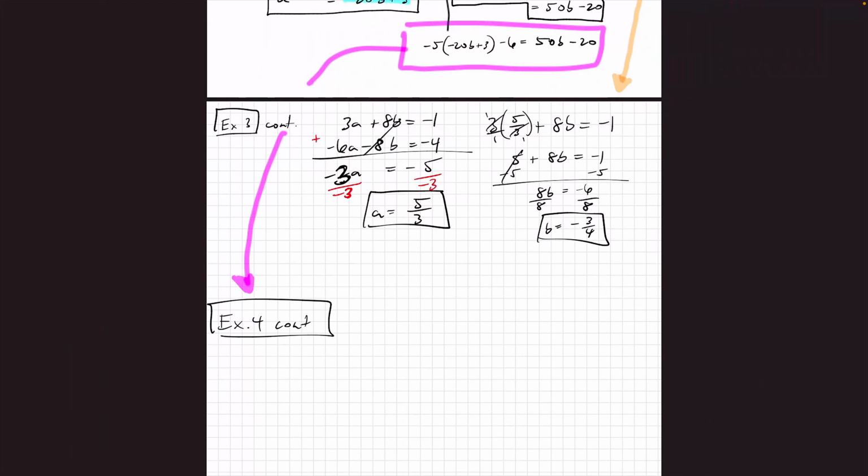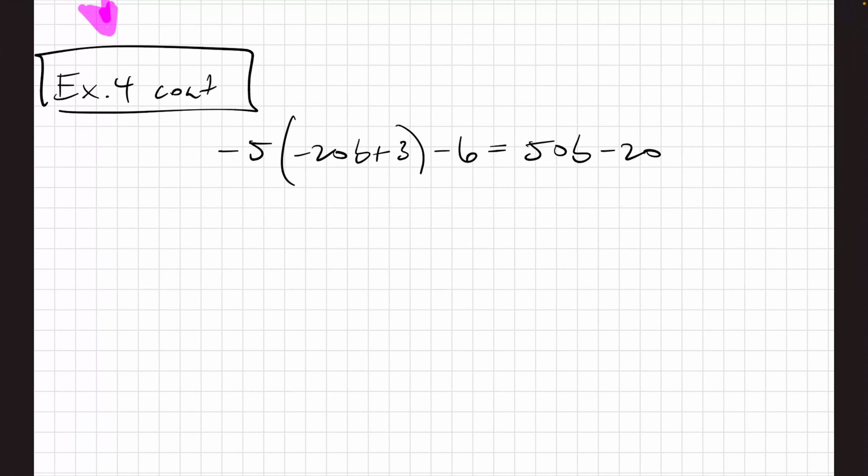Okay, so I have negative 5 times negative 20b plus 3 minus 6 equals 50b minus 20. So I distribute the negative 5 and then combine like terms. So you get 100b minus 15 minus 6 equals 50b minus 20.